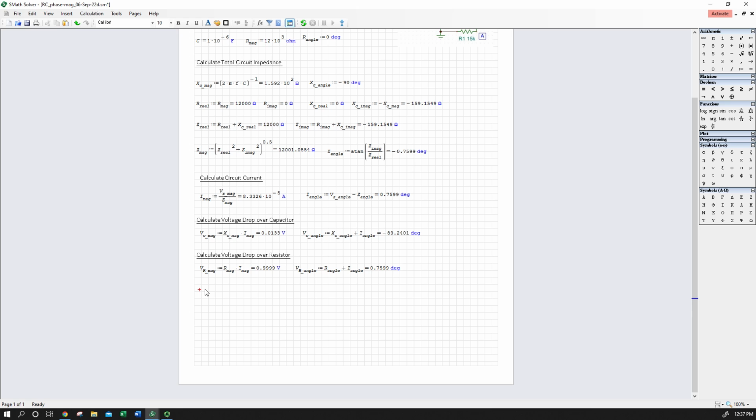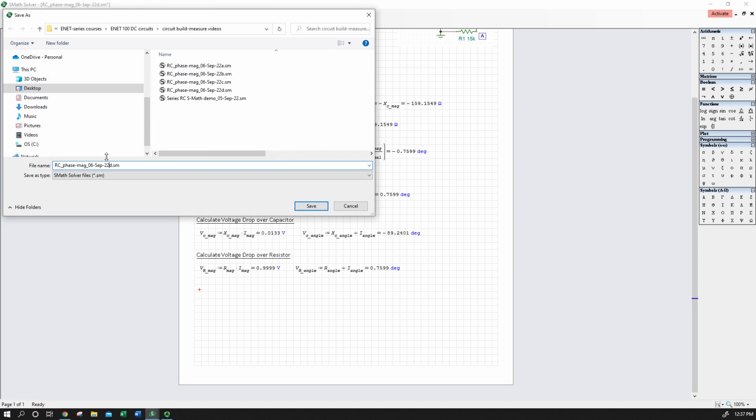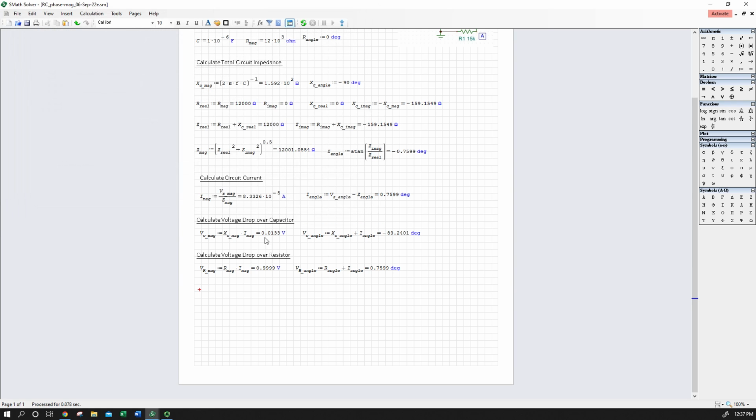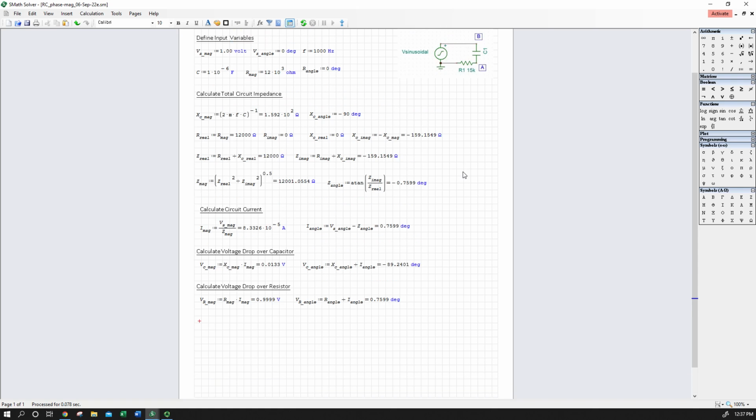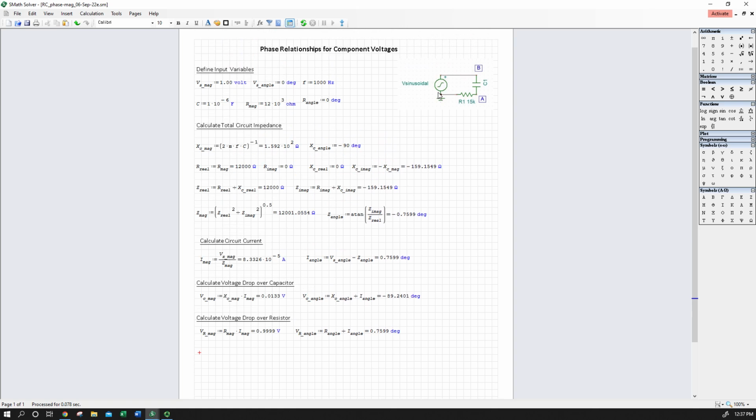Okay, at this point we can do another incremental save, because if we trusted ourselves to not have made any mistakes, we would be all ready to compare values to something that we got from our measurement. We could go ahead and measure the total circuit voltage with our oscilloscope.